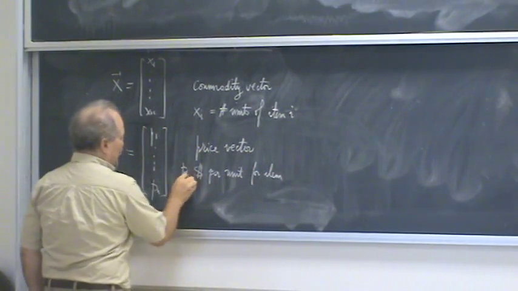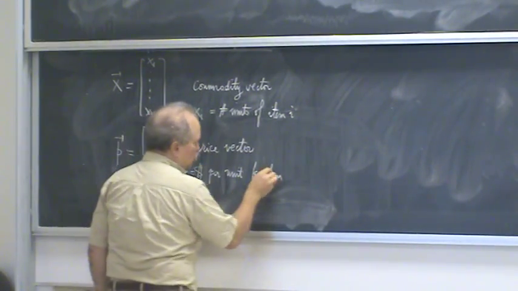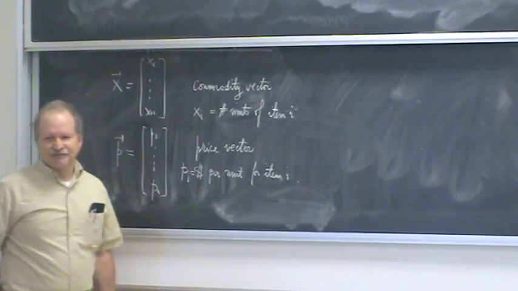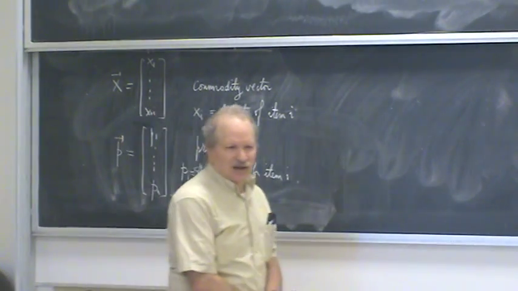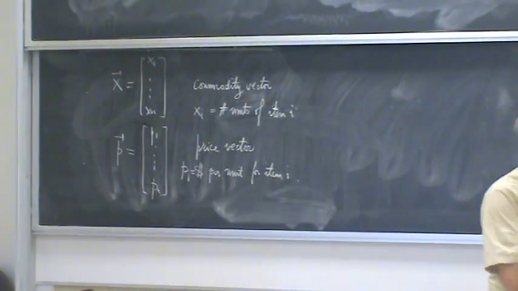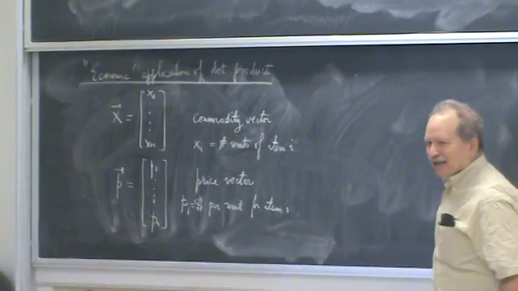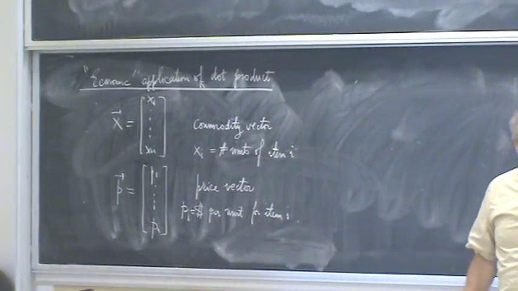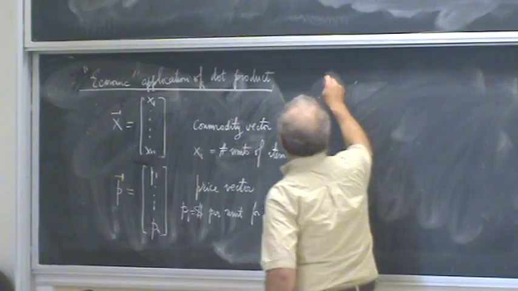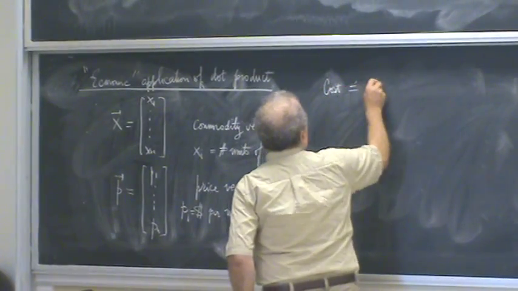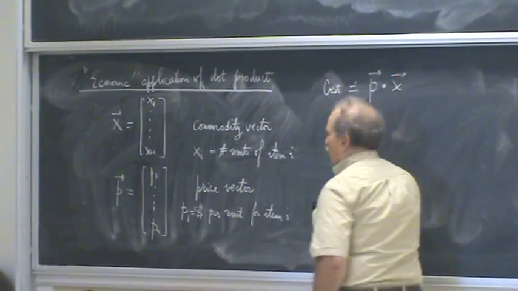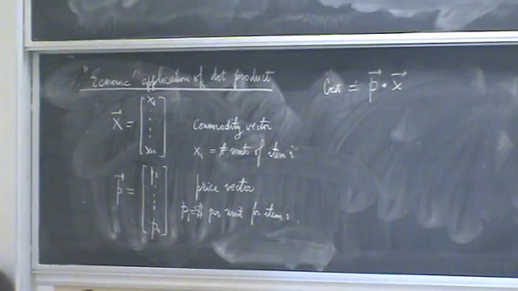So P sub i is going to be how many dollars a unit of item i costs. Agreed? So I'm going to do the dot product to get the cost. Okay, so that's my lame application, but I'm going to come back to more in a few sections later. So the cost is going to be exactly the dot product of the price vector with the commodity vector.